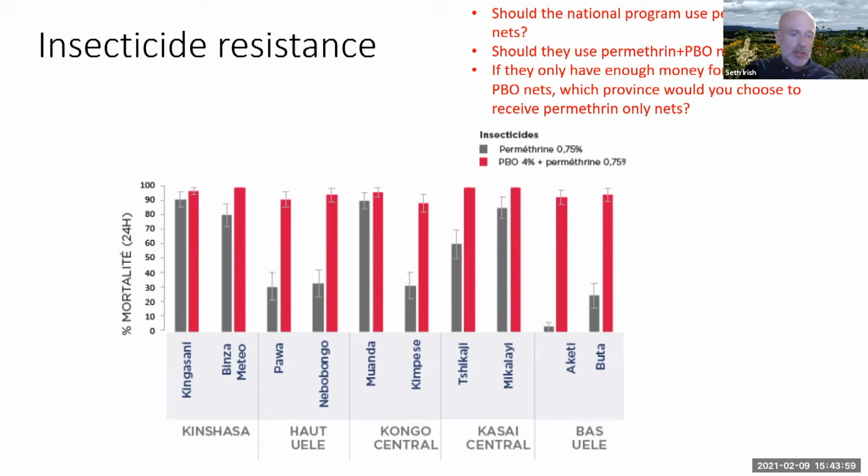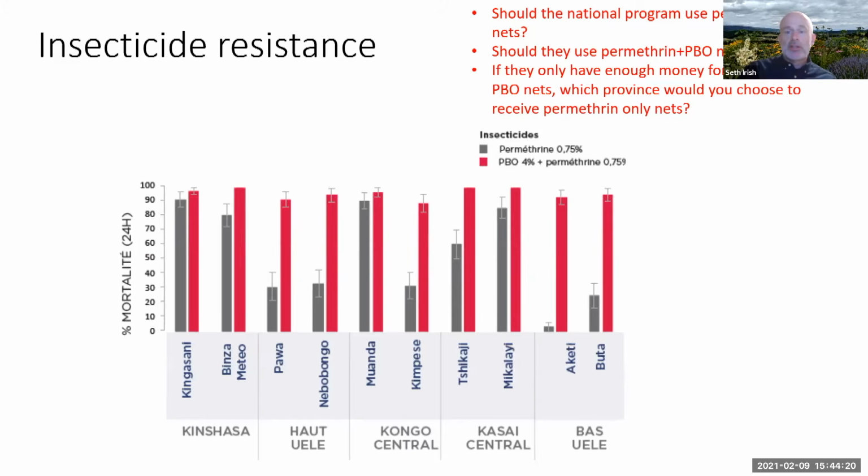In that first column, Kingasani, there's not too much difference in mortality between the two. But if you move to the third column, Pawa, you have about 30% mortality with permethrin alone. And when you add PBO, you really have a big increase in mortality.